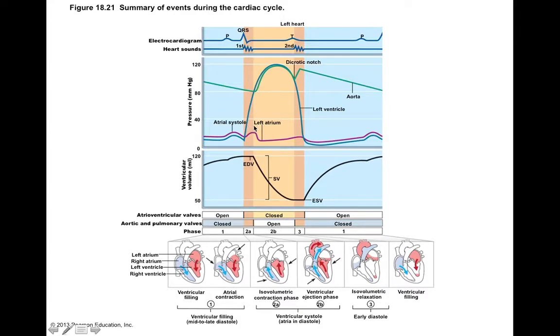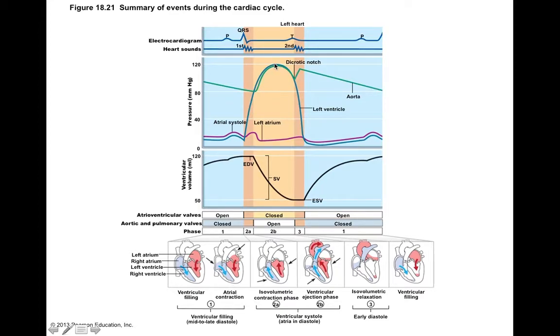Then when ventricular pressure continues to rise and gets above aortic pressure, the semilunar valves swing open. Once they swing open, we have the ejection phase, where the blood is actually able to leave the heart. But you see that ventricular pressure continues to rise even though blood is leaving, because the ventricles are still contracting. So this is the peak of systolic pressure here.